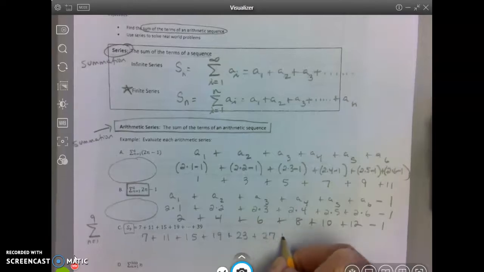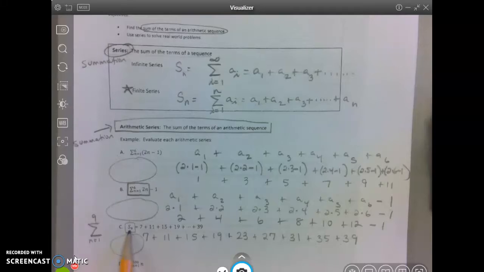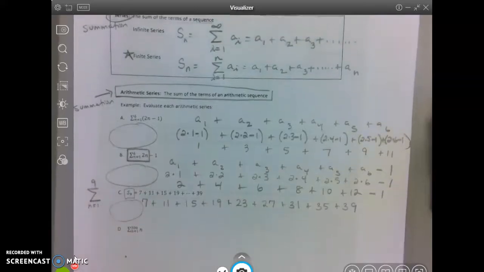If I add 4, I get 31. Add 4, I get 35. Add 4, I'm at 39. So I need to add up all of those terms, and I'll get my summation, my S sub 9. So S sub 9 means the same thing as the summation symbol from 1 to 9. It's kind of like a shorthand way of doing it.